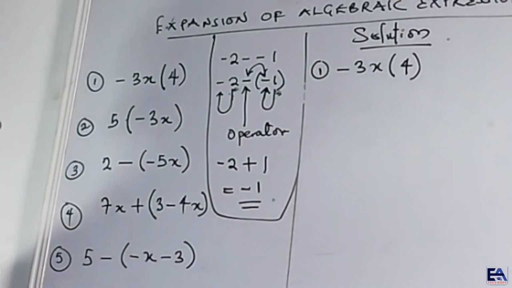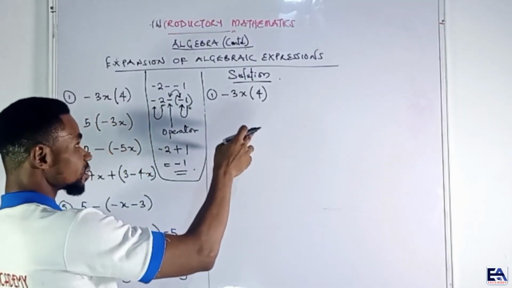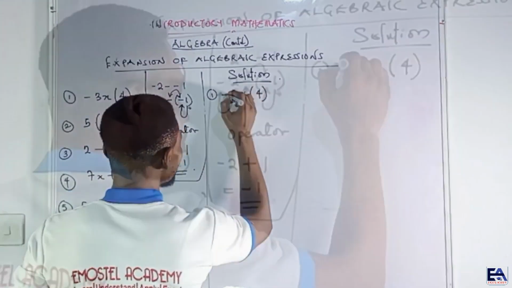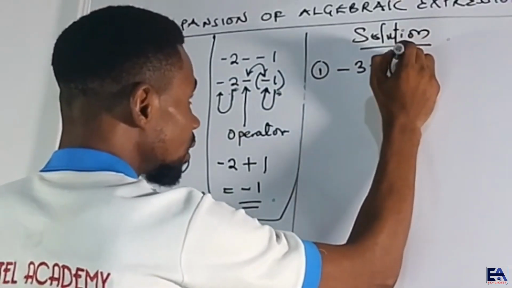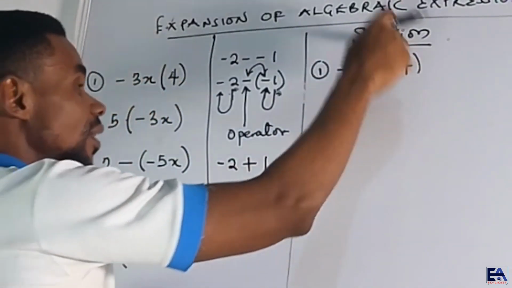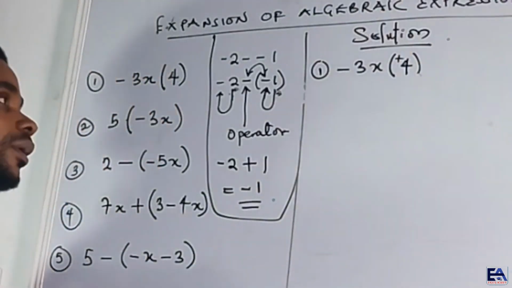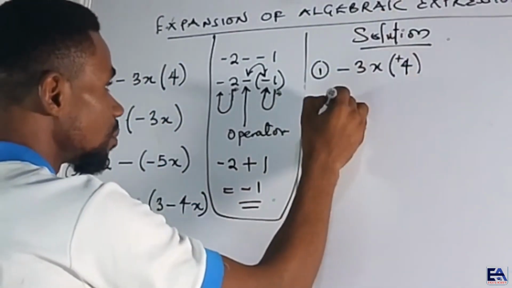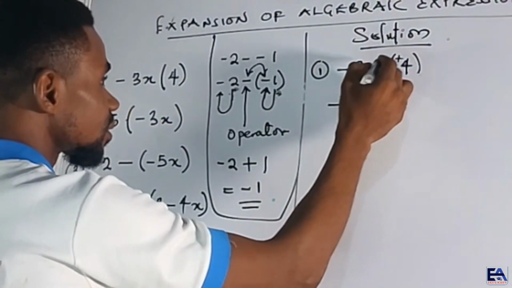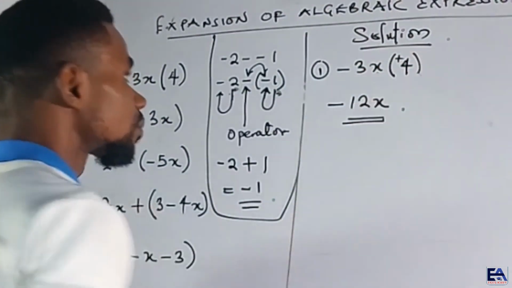All right, and in the process of this multiplication, we must take cognizance of the signs. Now this is minus, which is negative. And then 4, because it carries no sign, indicates that it is a positive number. So minus times plus will give you minus. 3x times 4 gives 12x, and that is all.